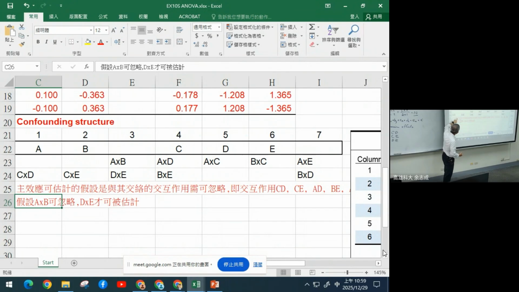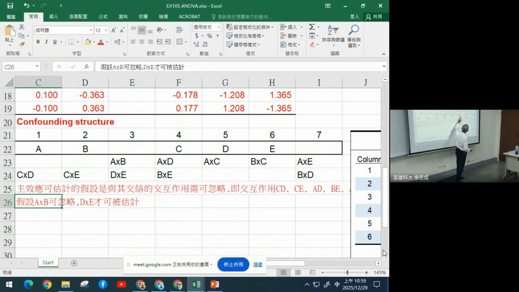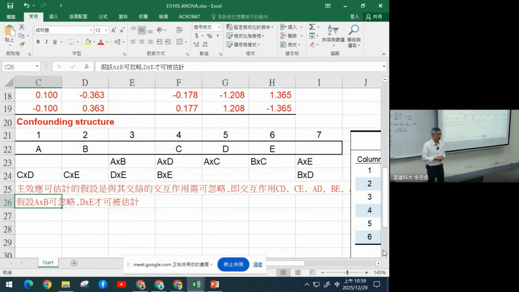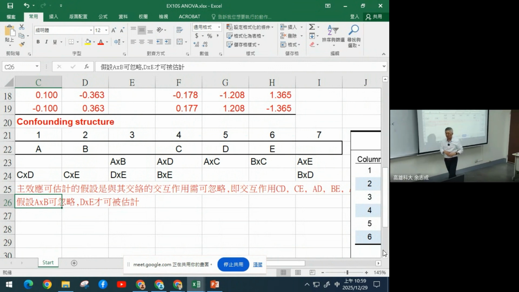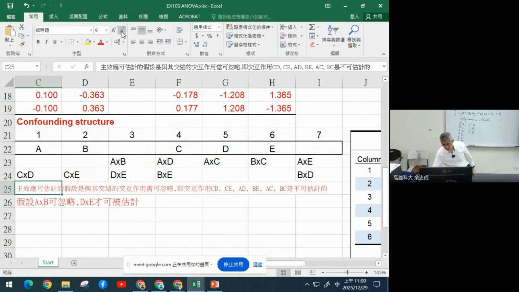Here, this interaction CD, BC, AC, and BC, they are confounded with the main effects. Since they are confounded with the main effects, they cannot be estimated. Okay, make sure these interactions cannot be estimated.